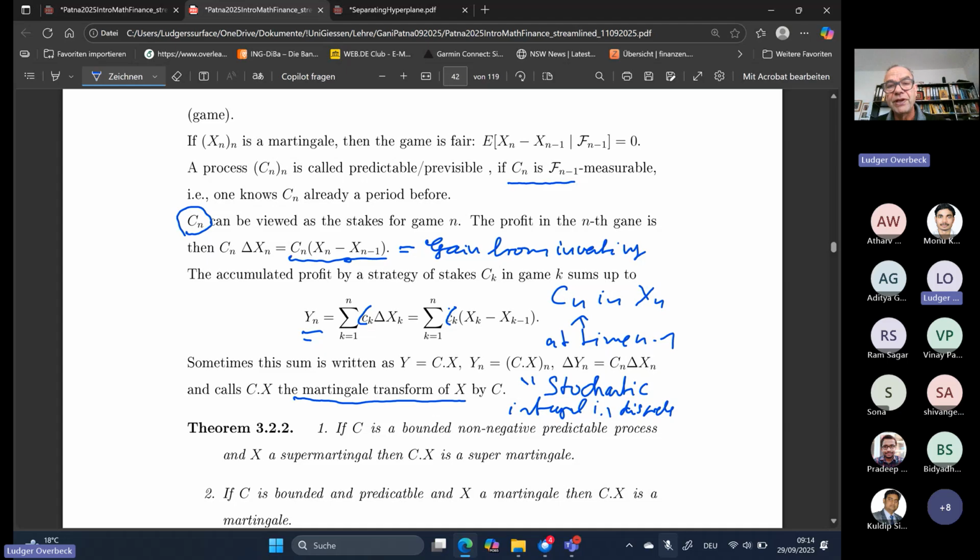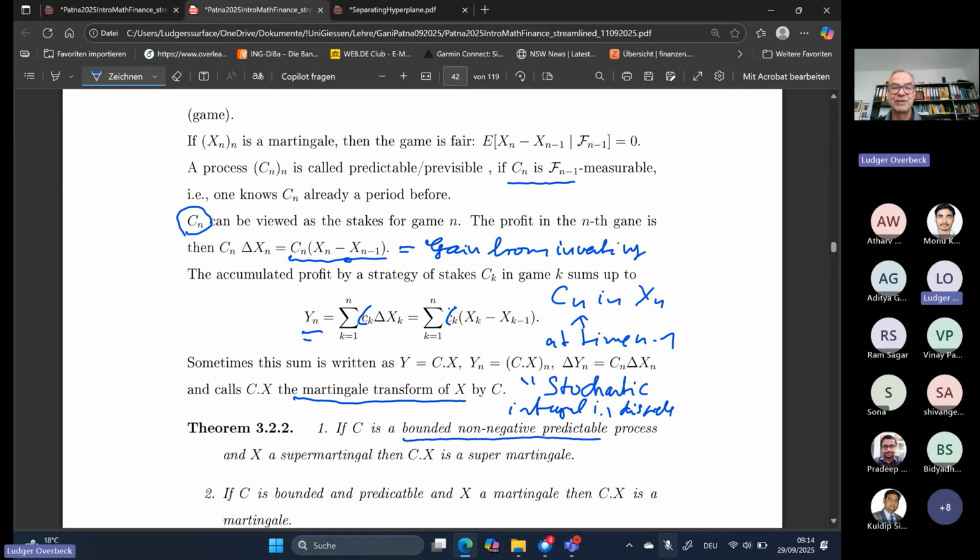So in gambling theory, if your game is fair, then any trading strategy will not give you profit. Of course, only if it's a bounded, non-negative, predictable process.